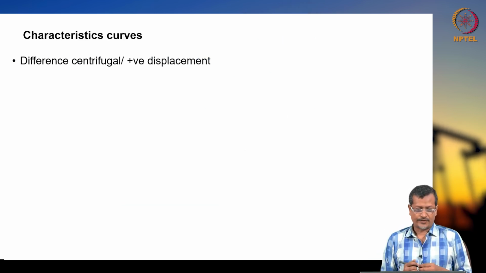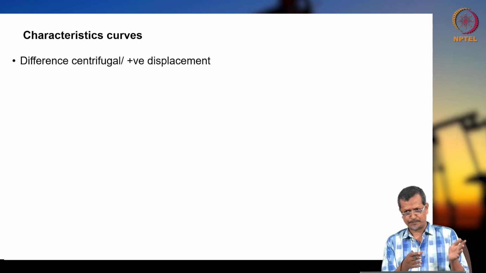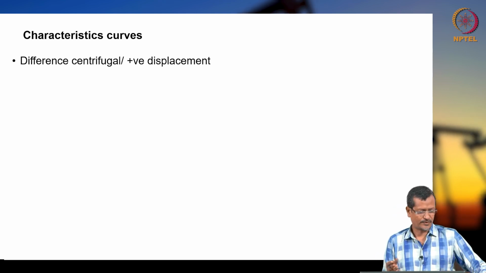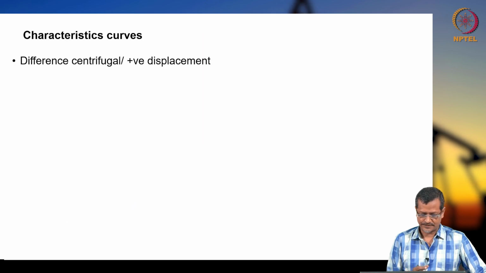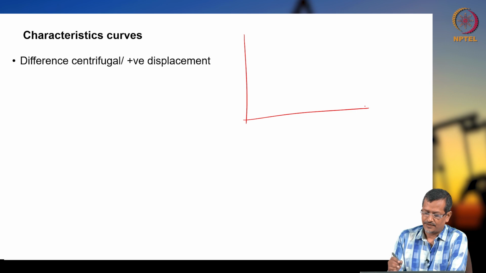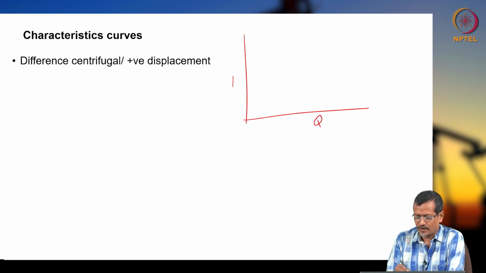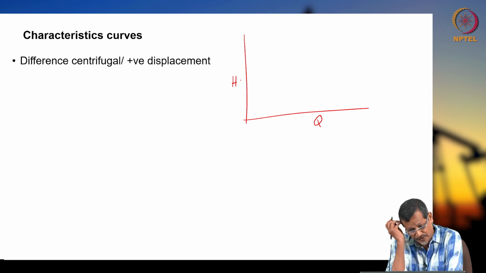Okay, I said a centrifugal pump will have a higher flow rate, and a positive displacement pump a lower flow rate. So how does it look like? Just wait. Okay. So, to know the basic difference, you have to draw the Q and H curve, flow rate and head.